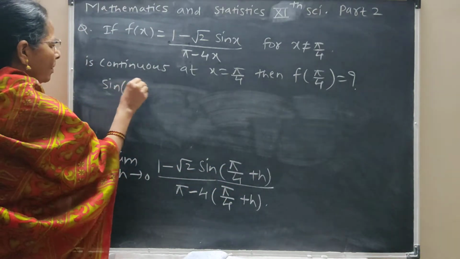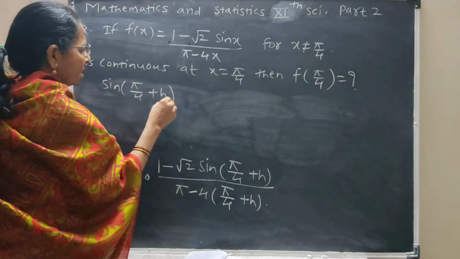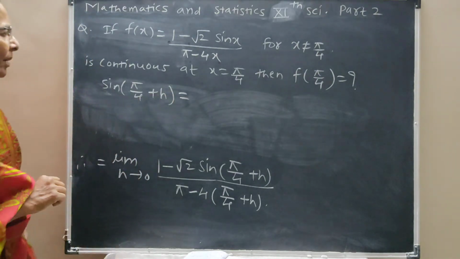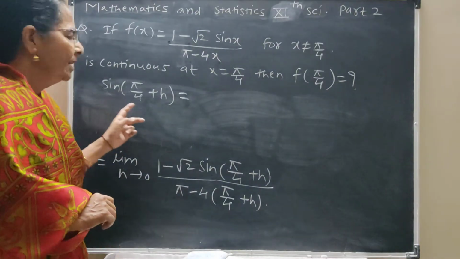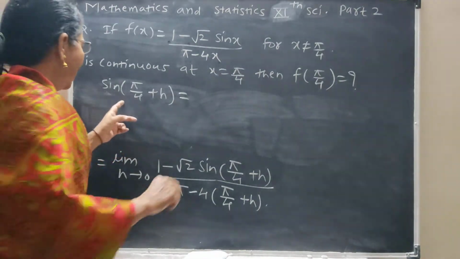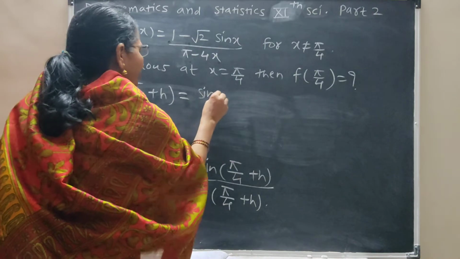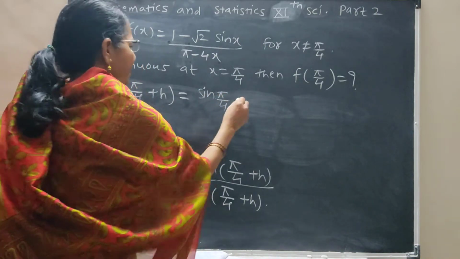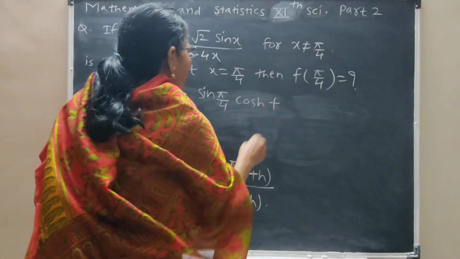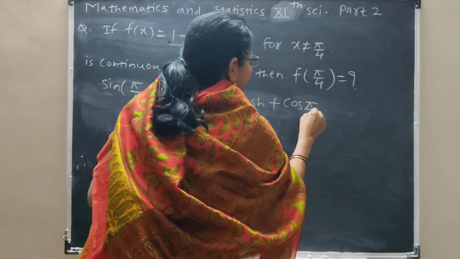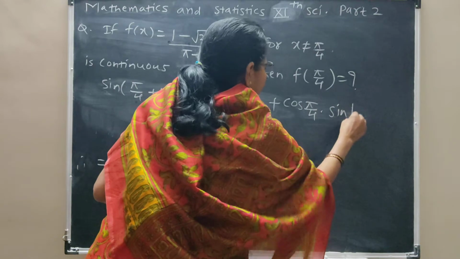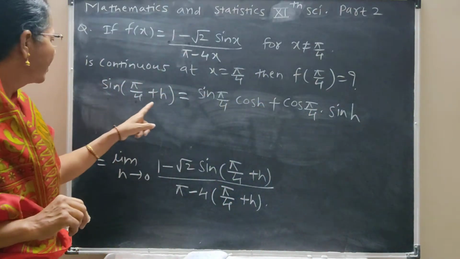Sin(a plus b) is sin a cos b plus cos a sin b. So sin(pi by 4 plus h) is sin pi by 4 cos h plus cos pi by 4 sin h.